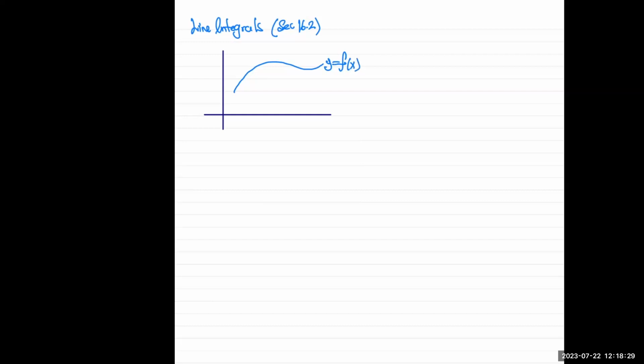in 2 dimensions and some interval a to b. And what we did was that we took the interval a to b, we partitioned the interval into n partitions.